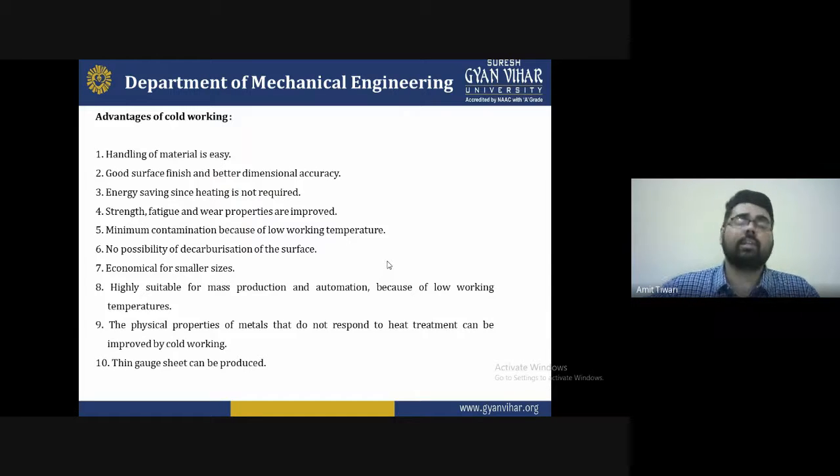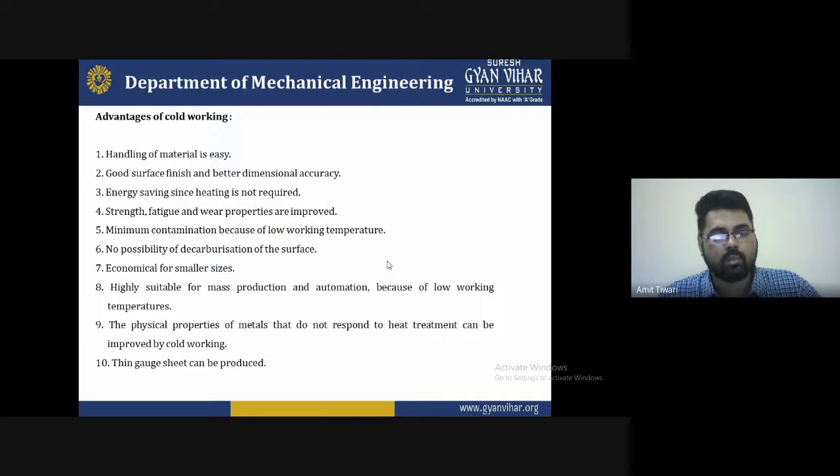So thin gauge sheet can be produced with cold working, because we increase the diameter of the material and reduce it by the rolling rollers. The upper roller and lower roller remove the unwanted area which is not required for the dimensioning. So thin gauge sheet can be produced.